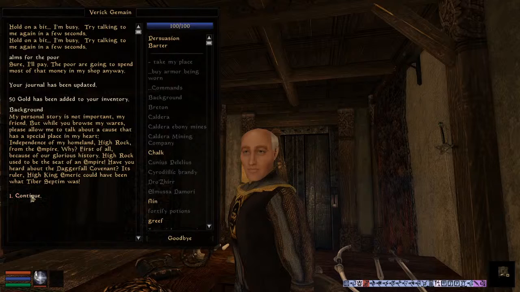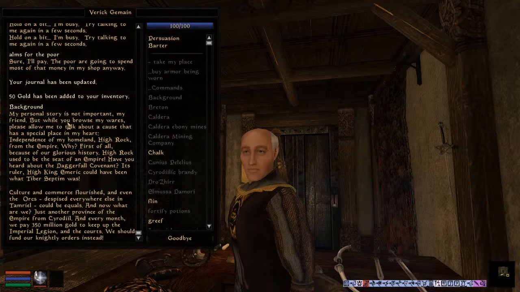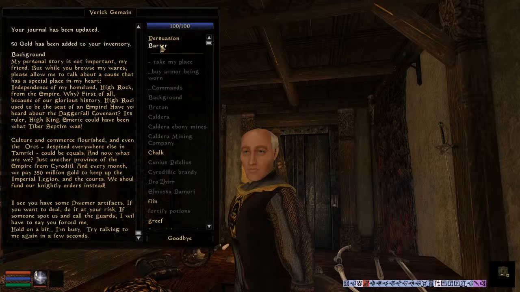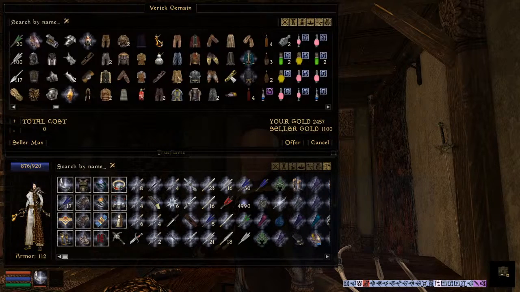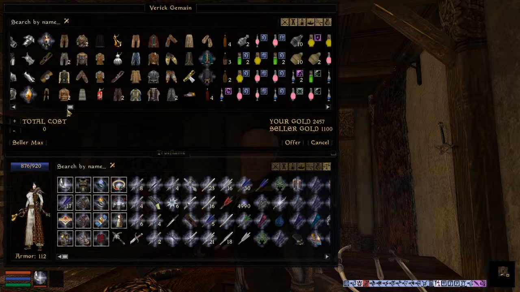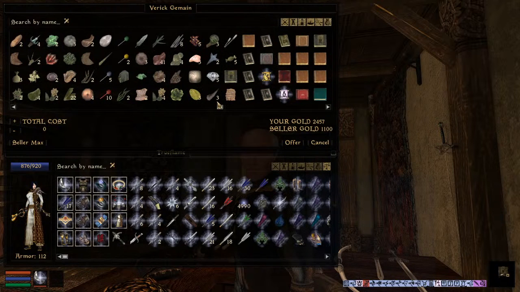And I think this is new dialogue added from the mod about his story. He is coming from High Rock. He is selling lots of things.